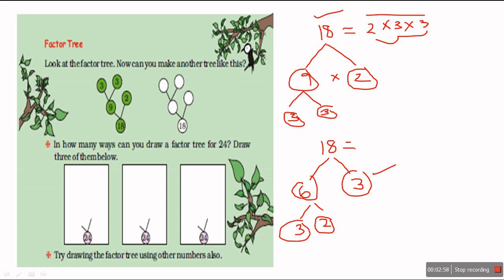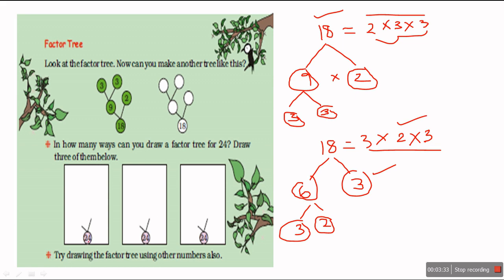Again 18 can be written as 3 into 2 into 3. So you can observe 2 times 3, 1 time 2. In every case, however we start the factor tree, the end of the factor tree is the same. Prime factorization is the same. So every composite number can be written as a product of prime numbers, and we do it with the help of a factor tree.